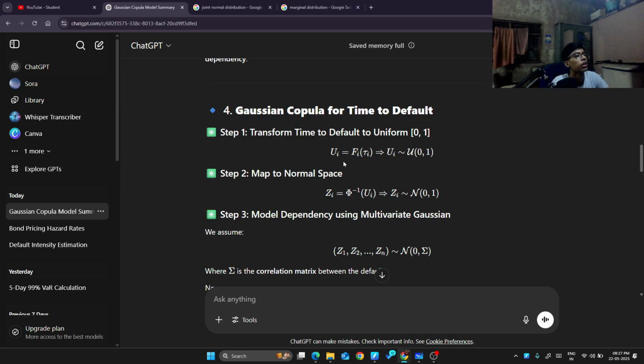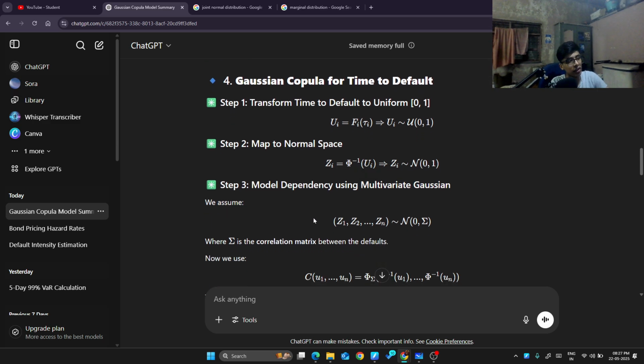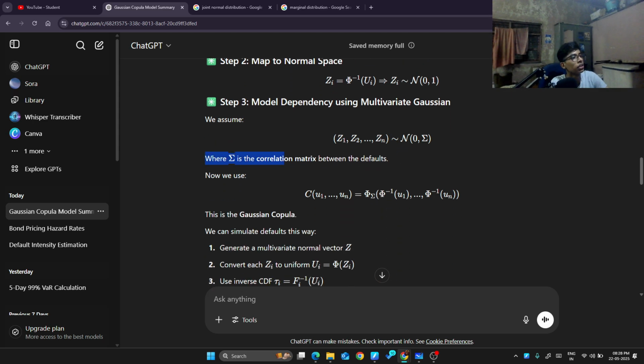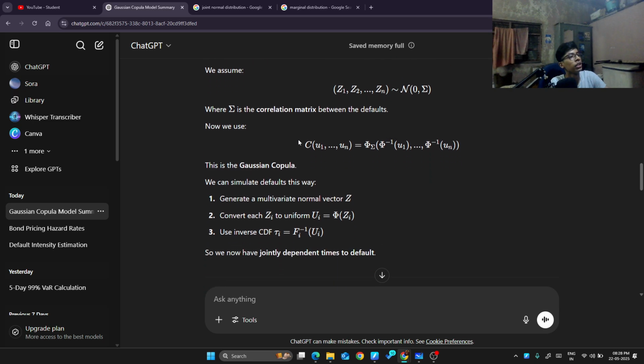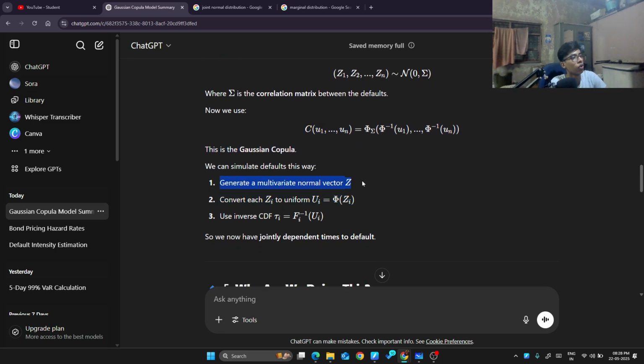You link it, and then model dependency using a multivariate Gaussian, and then we derive z1, z2 from a normal distribution. And this is the correlation matrix between the defaults, and we have C equal to the correlation matrix applied to the CDFs u1 and u2, and this way we link the marginal distributions into a joint distribution and generate a multivariate normal vector.